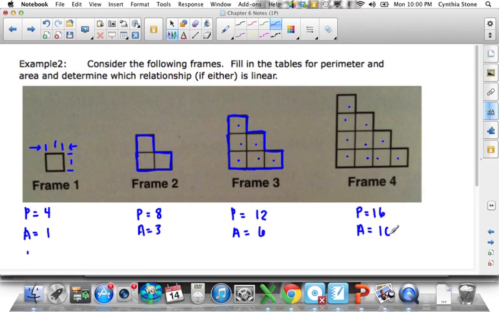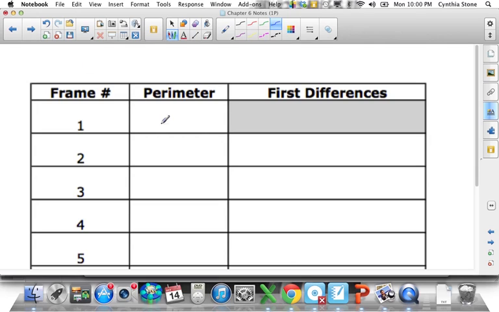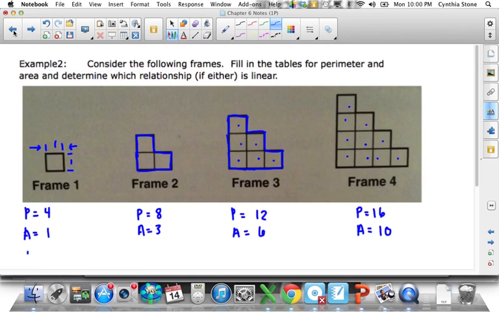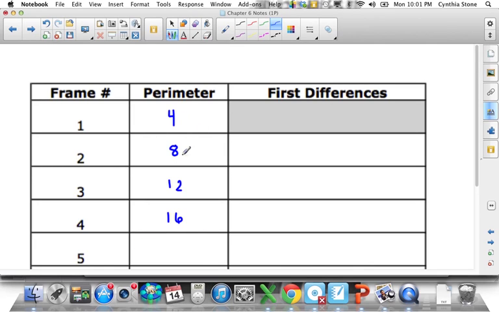Okay. So we'll have to add these to our table of values. 4, 8, 12, 16 for perimeter. I can tell already its first differences are constant, right? It goes up by 4 every time. But let's write it in. We can guess the next one, because 16 is going up by 4 every time. 4, 8, 12, 16 must be 20 for 5, right?